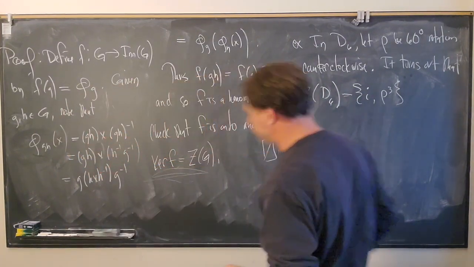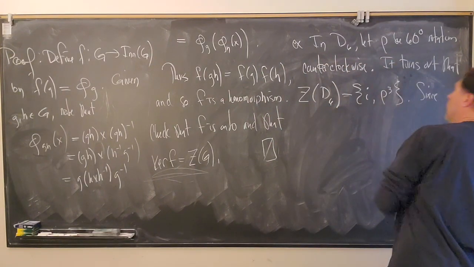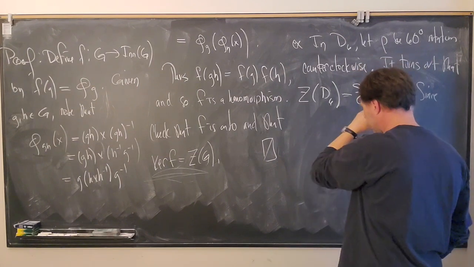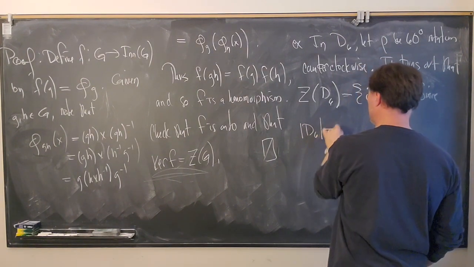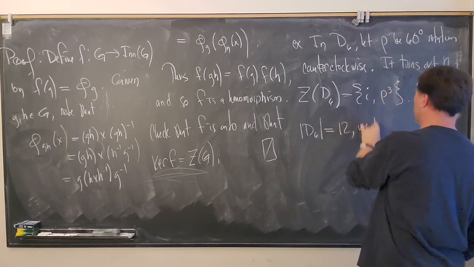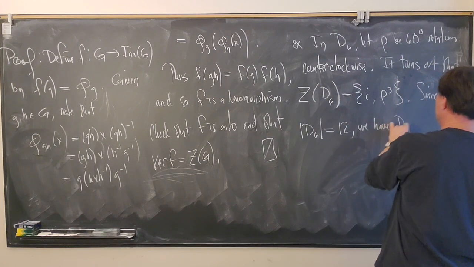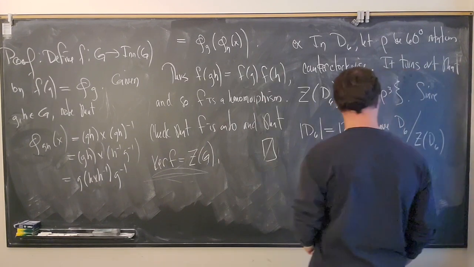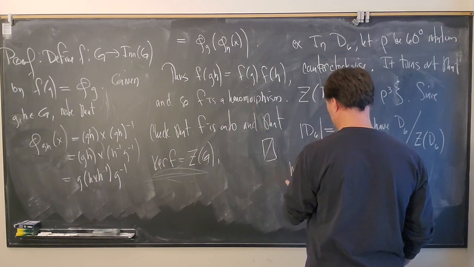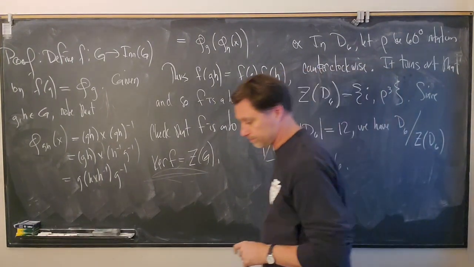So since the order of D6 is equal to 12, we have that D6 mod the center of D6 has order 6.